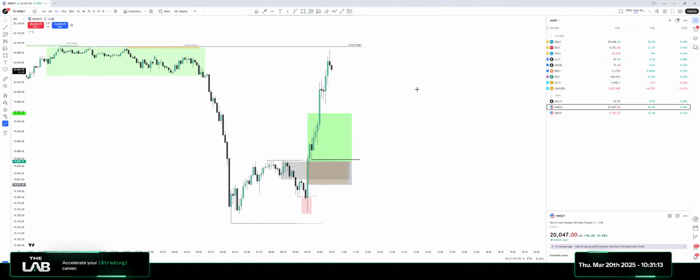Like any model, you're gonna see that there are weeks or months where your model shows more often than not, and periods where it doesn't show up that often.